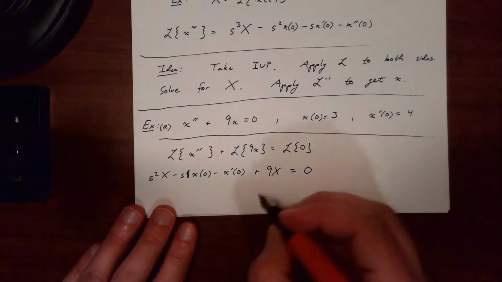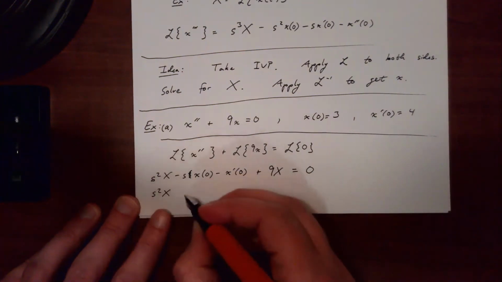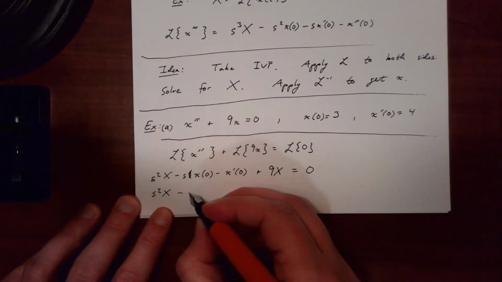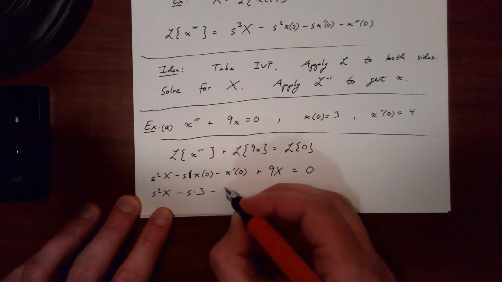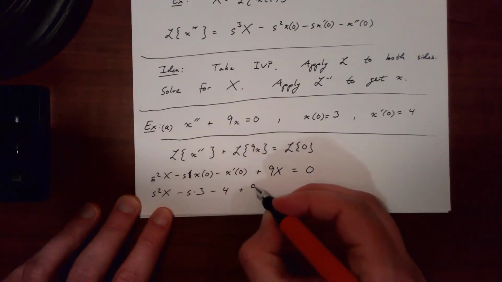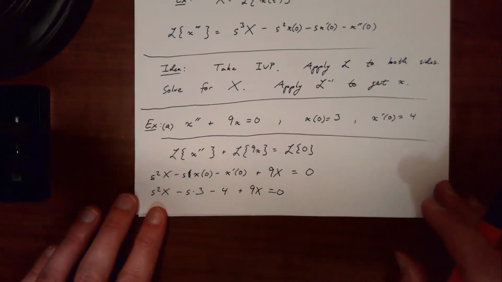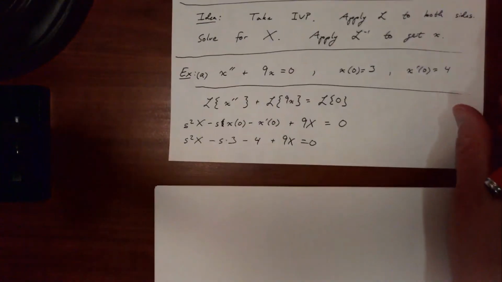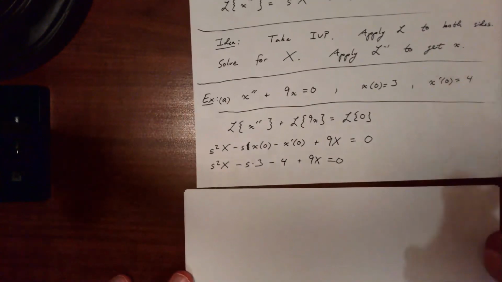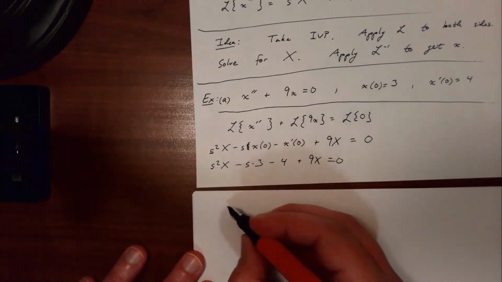All right, well, we have some numbers we can put in here. So we have s squared X minus s times 3 minus 4 plus 9X equals 0. And now we just remember that we're solving this for the capital X. So that means I need to move everything that has the X to one side and factor it out, and everything that doesn't to the other side, and then we can solve.